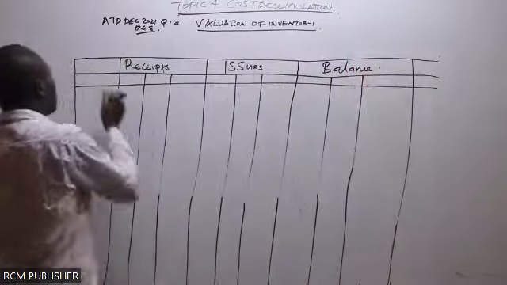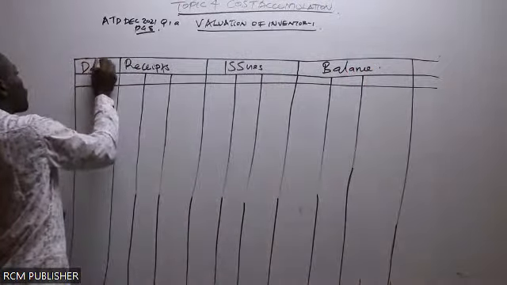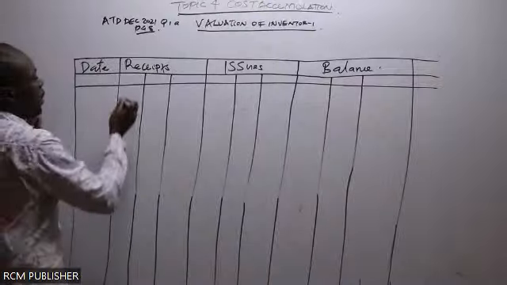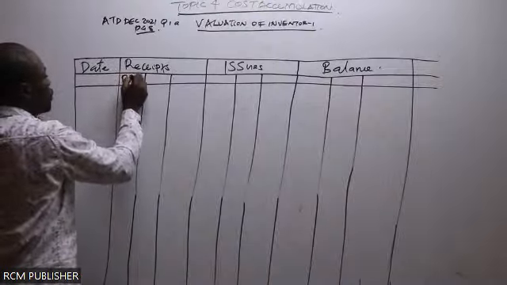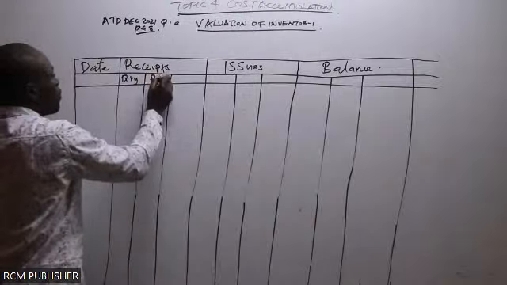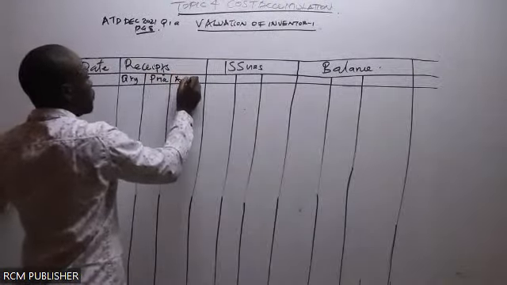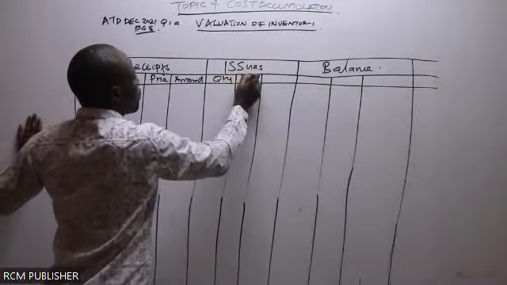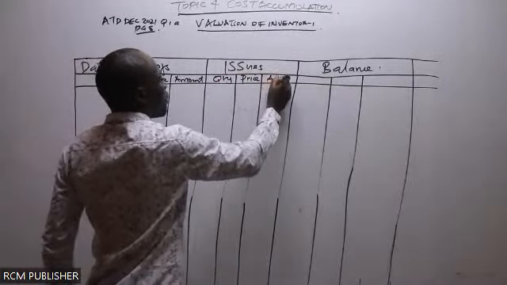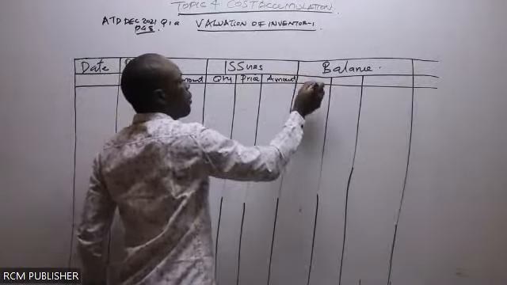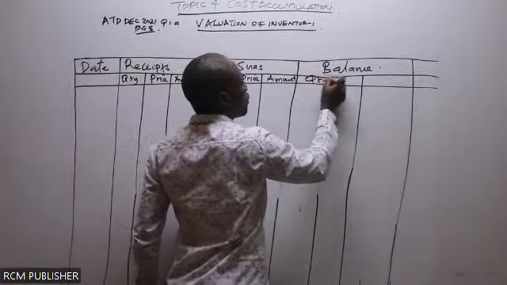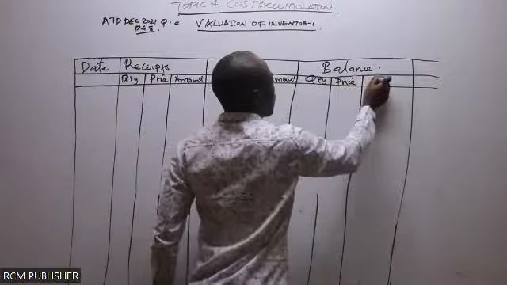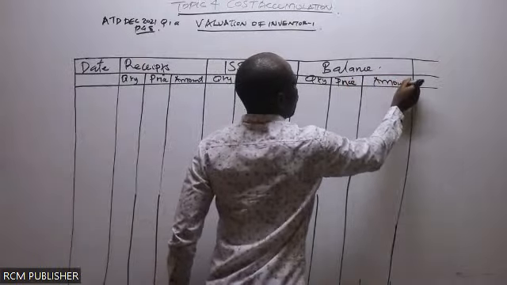So there we are going to have date. Here we have units or quantity, price, amount, quantity, price, amount, quantity, price, amount.